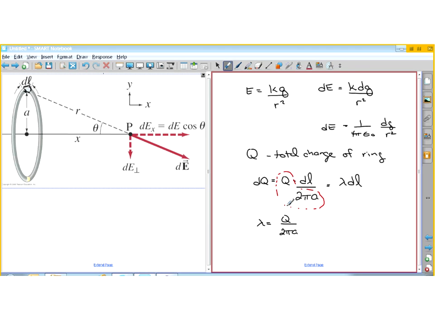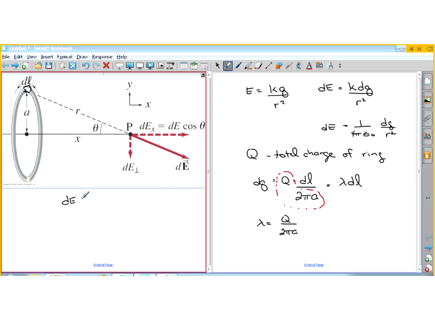So what we're looking for is this dq. Actually, I should have used a small q. I used a big q. We can make the substitution into there, and we get the small amount of electric field, and this electric field is going to be pushing in this direction.